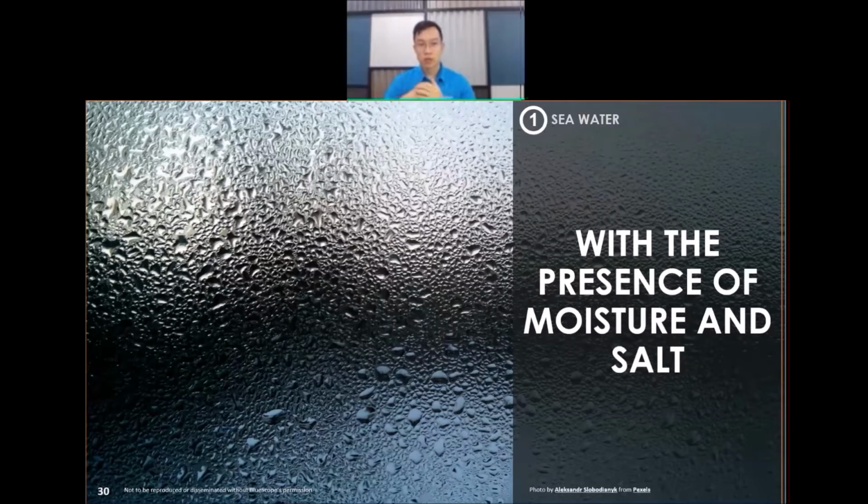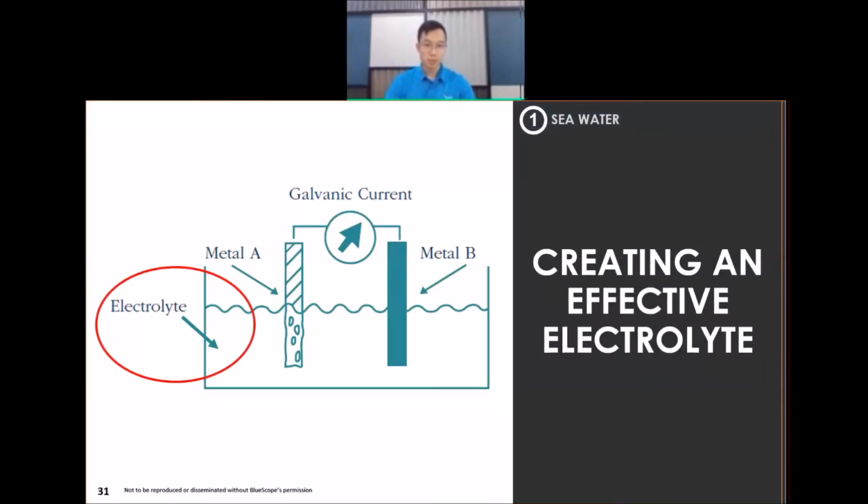Then the salt will constantly absorb the moisture from the humid air, hence allowing the salted surface to form what we call an electrolyte. And this electrolyte is basically a medium that will actually promote what we call a galvanic reaction.